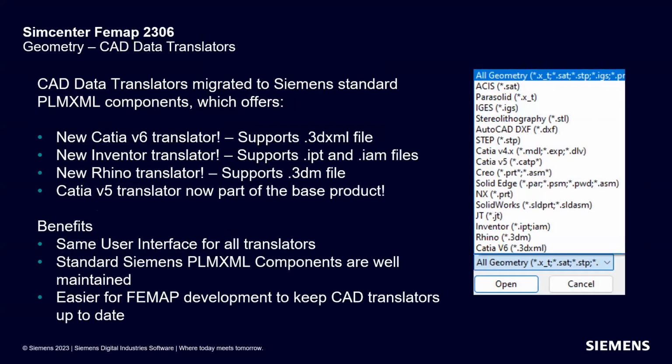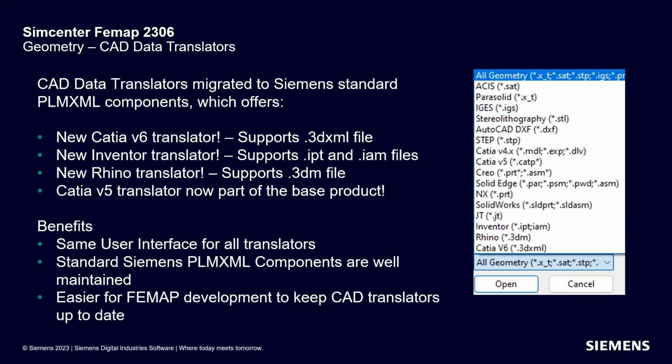Geometry. Now, this may seem kind of minor, but we actually did a tremendous amount of work to do this. Siemens has a standard set of PLM XML components, which are basically geometry translators. Each one used to be a separate implementation, but now it's one bundle.